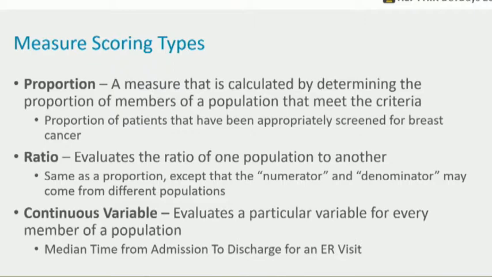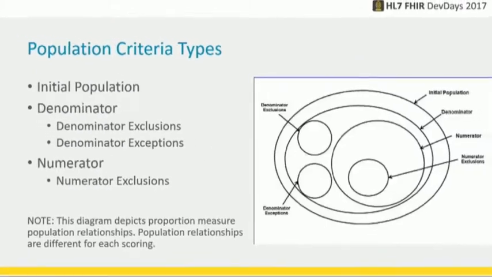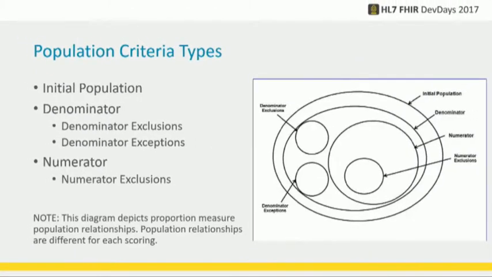And then a continuous variable is one that actually measures some element, like the A1C value as it changes, or the median time from admission to discharge for an ER visit. Those are just standardized scoring types.